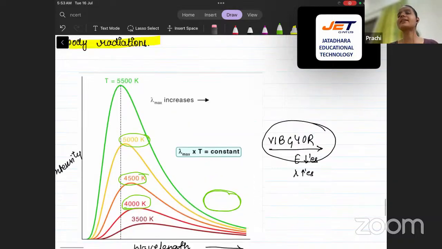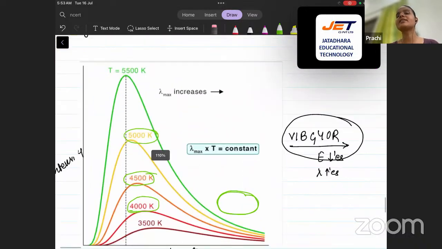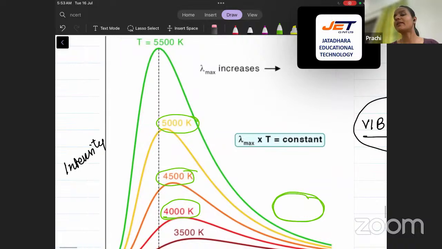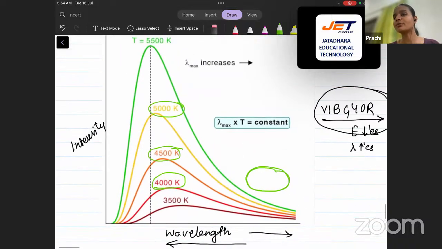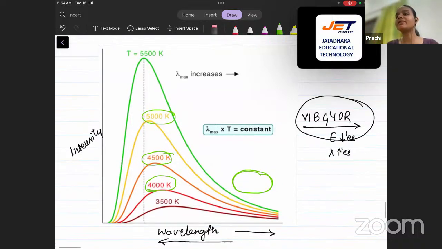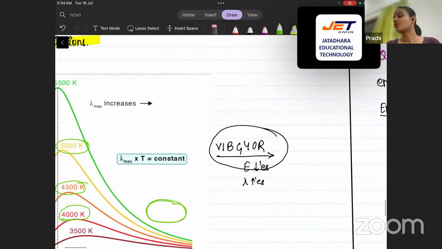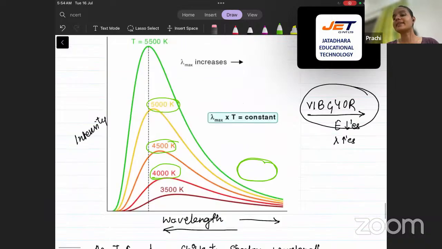So if this is clear, then we will try to understand how we can explain this phenomenon. When we start heating any object, the intensity of the light increases, the intensity of the color increases, it reaches a maximum, and then it decreases. So let us understand why this is happening.